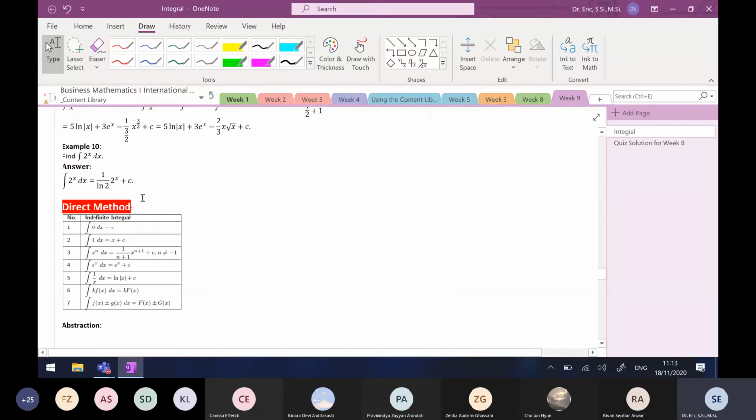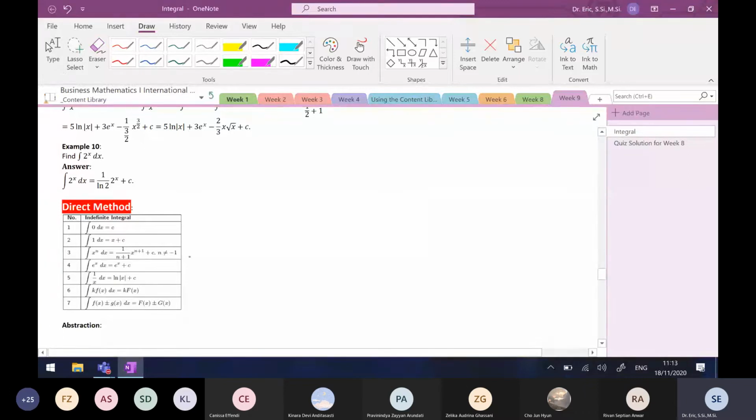Okay, so we can conclude in this table for the direct method. For the direct method, I have this table of formulas. All of this we can solve directly. And don't forget here x is just a dummy variable.